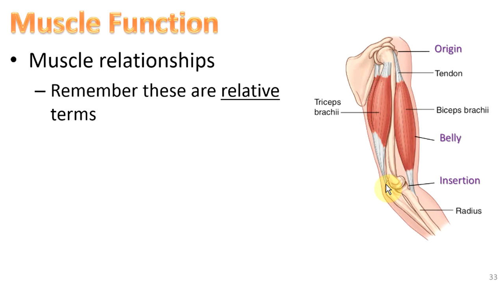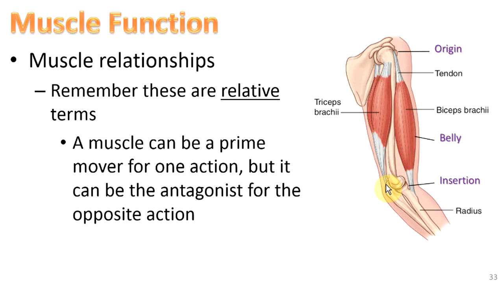As I said, I switched the motion to straightening the elbow out. So a muscle can be a prime mover for one action, but it can be the antagonist for the opposite action. The biceps is not always the prime mover and the triceps is not always the antagonist.